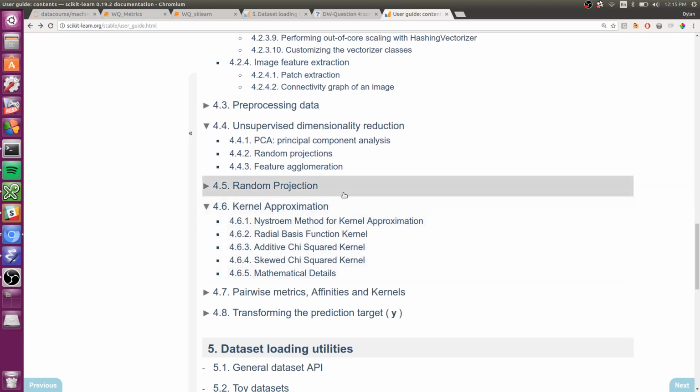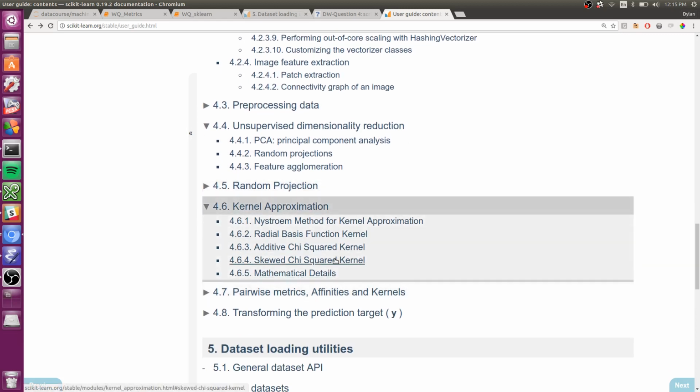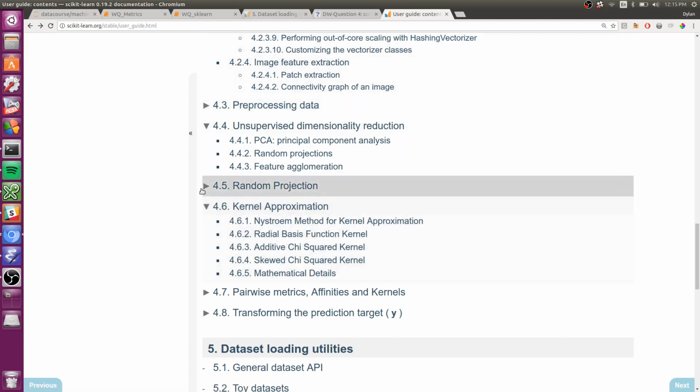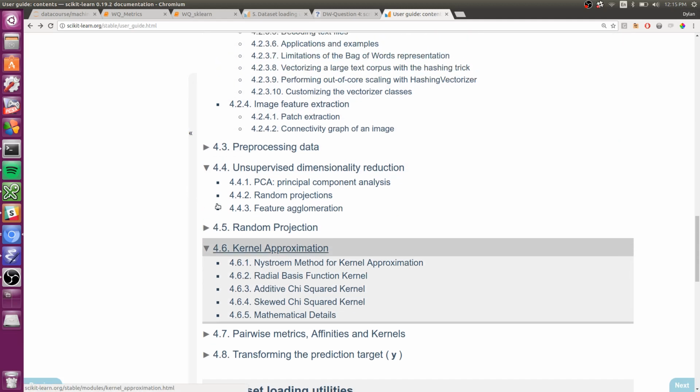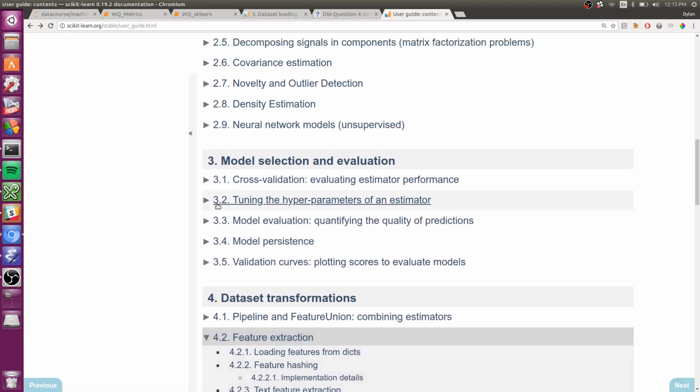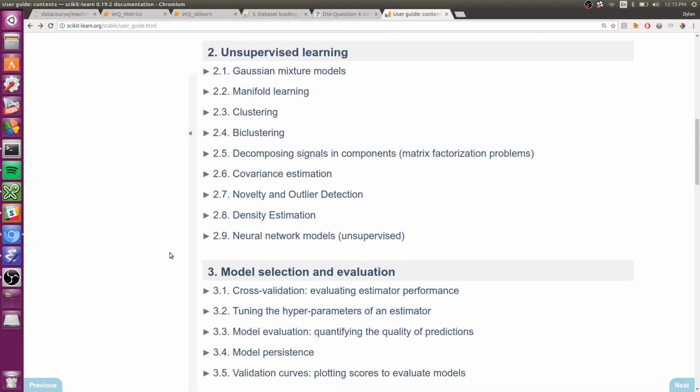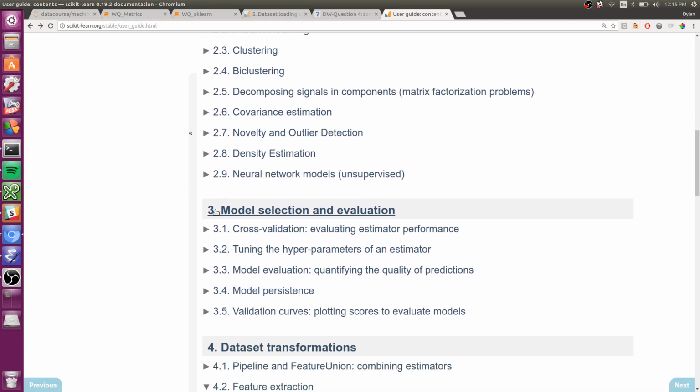There are also ways of reshaping the feature space, the space that the features sit in, known as kernel approximation or the kernel trick. There are tools for tuning our models, trying to change the structure of our models to be the best they can be.